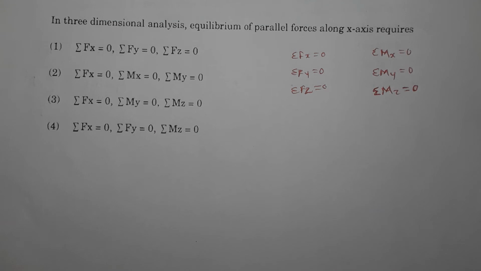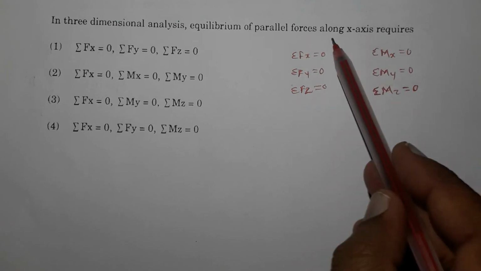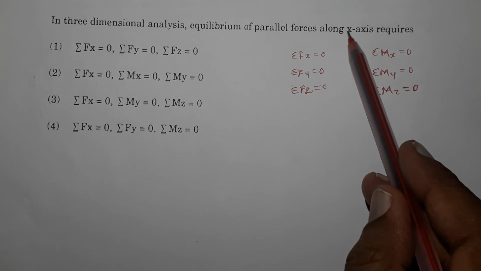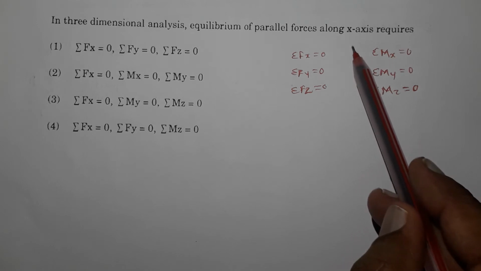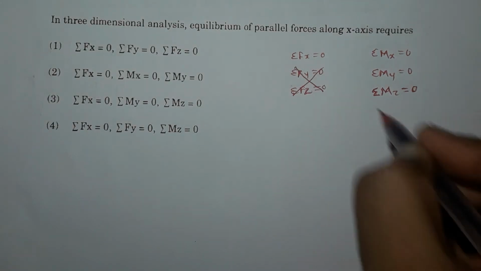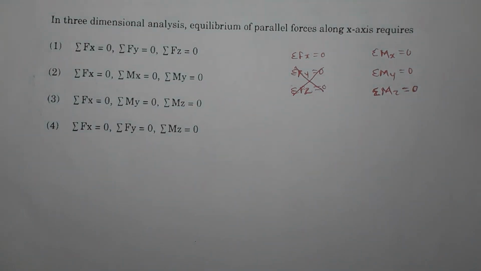Now as it is given that the forces are parallel to the x-axis, it means that the components of such forces along the y and z directions are 0. So these two equations, summation Fy is equal to 0 and summation Fz is equal to 0, are of no use as the forces are parallel to the x-axis. The forces being parallel to the x-axis simply means that the forces are perpendicular to the yz plane.